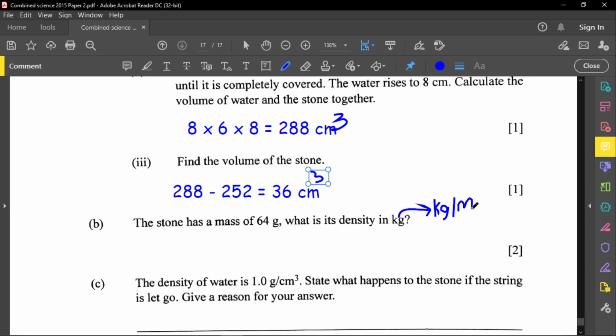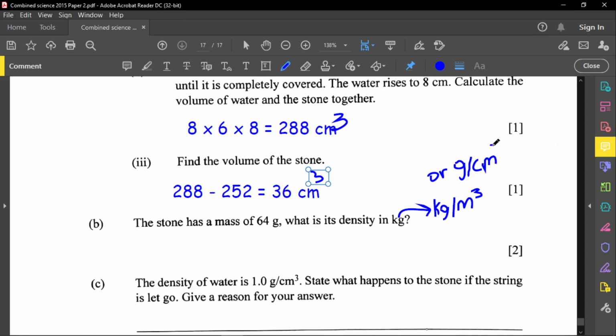Okay, so I want to make this into meters cube. So again, remember that density can only be of 2 units. It could be kilograms per meters cube or grams per centimeters cube. Do not mix and match your units. Okay, please do not do that.